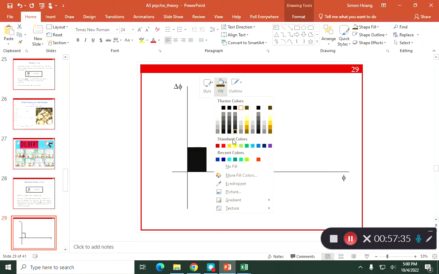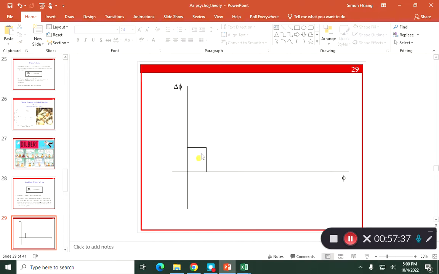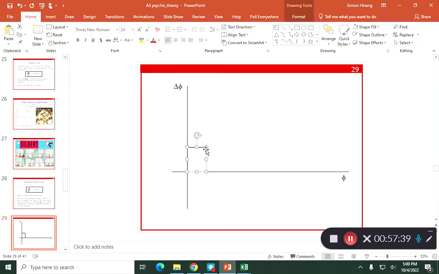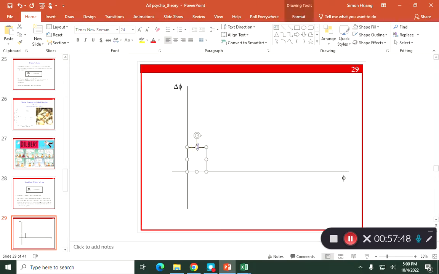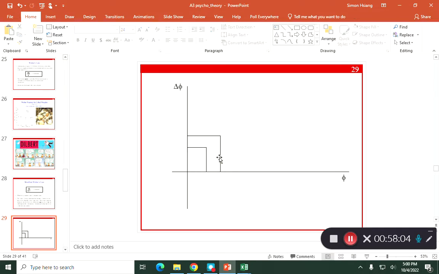So here's my first observation: phi and delta phi are here. And then let me have another delta phi measure. This time my phi increased a little bit more, and my delta phi also increased a little more. And then let me have another one.